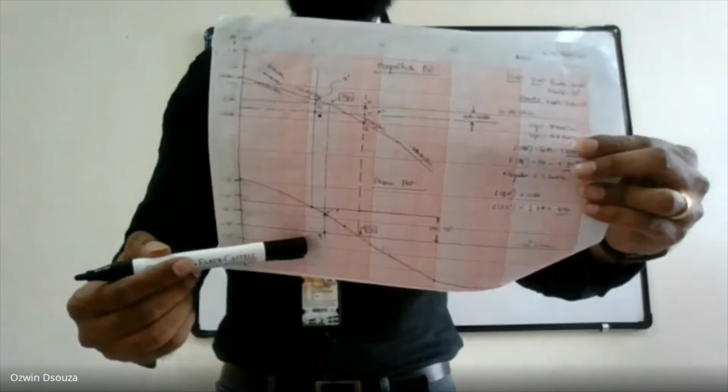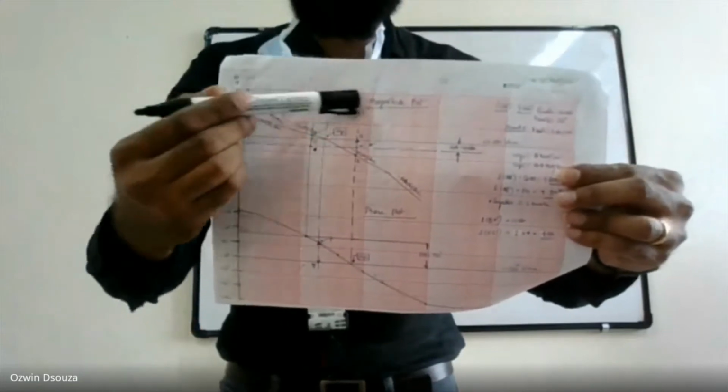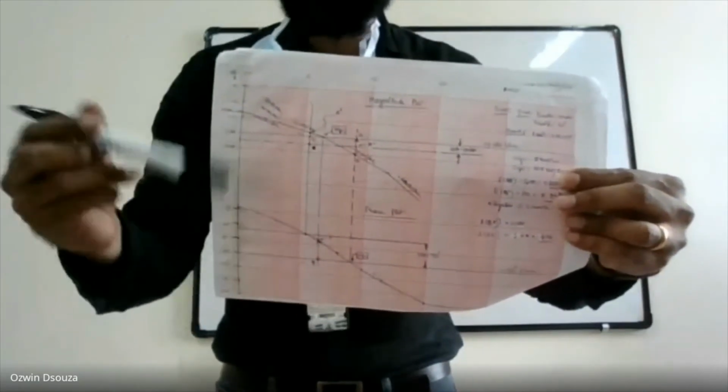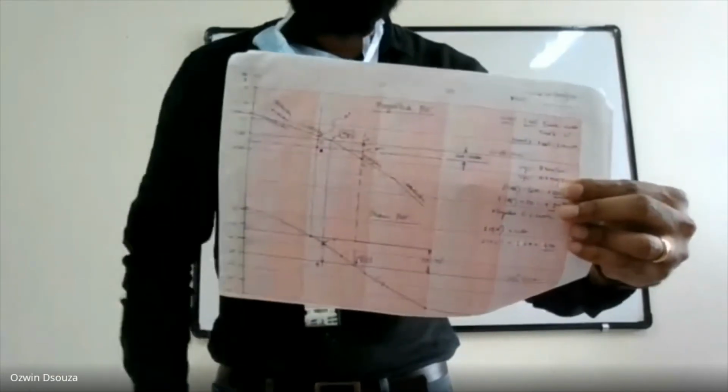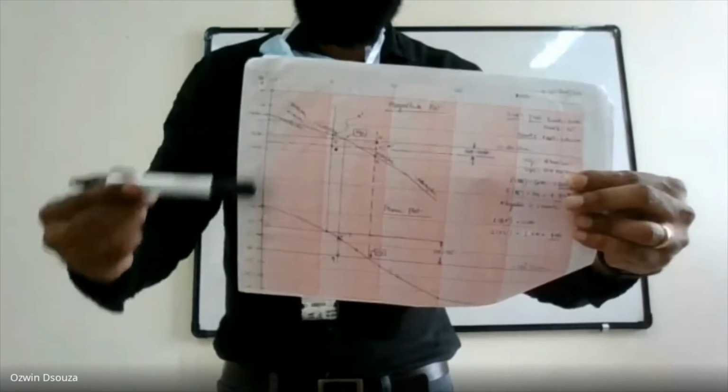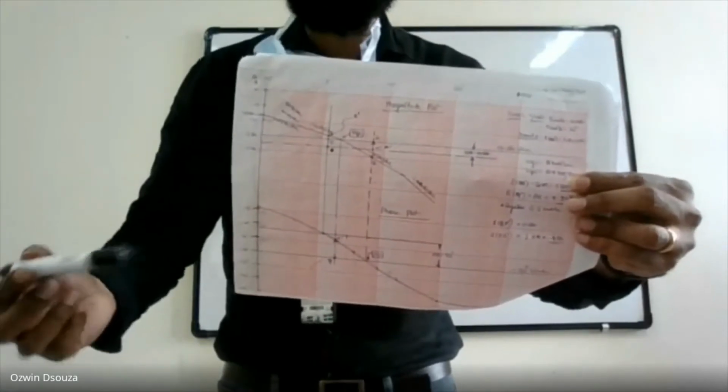Your x-axis will be a single axis, that is, you are going to take frequency along the x-axis. On the other hand, your y-axis is split into 2 axes.